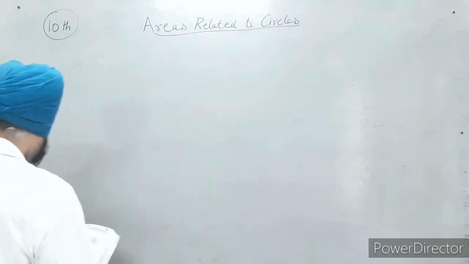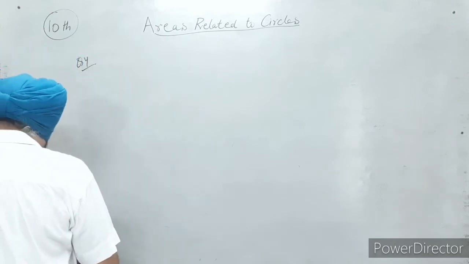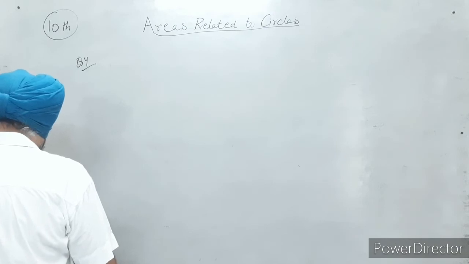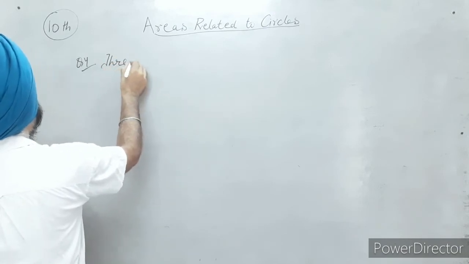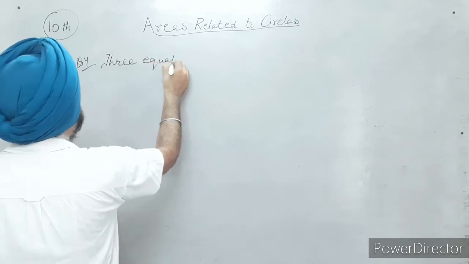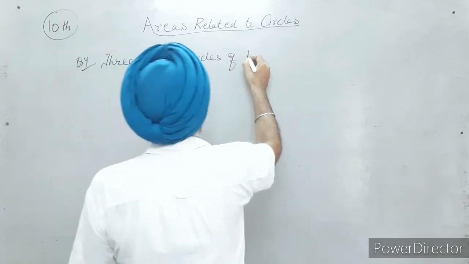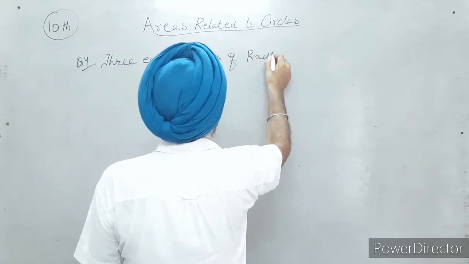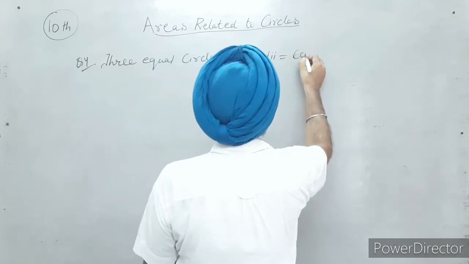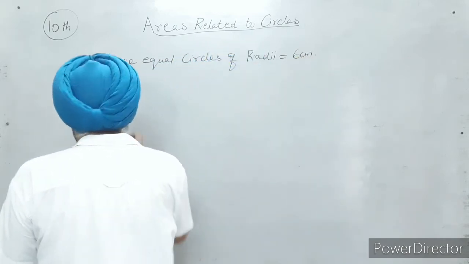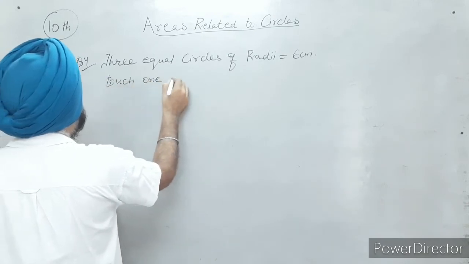Now, question number 4. Question is, 3 equal circles of radii 6 centimeter, they touch one another.